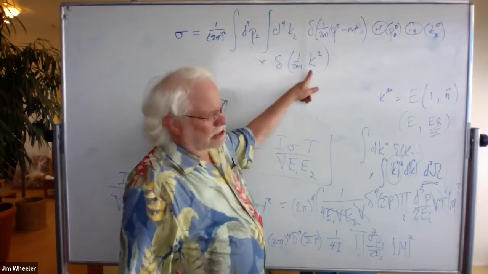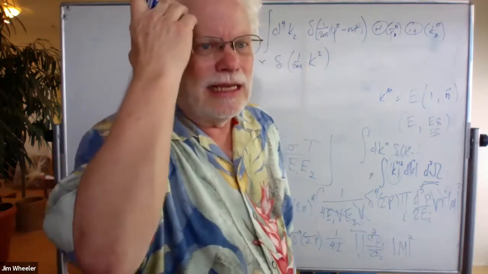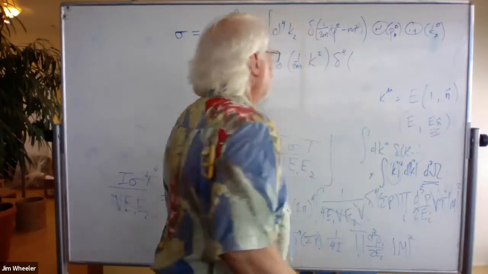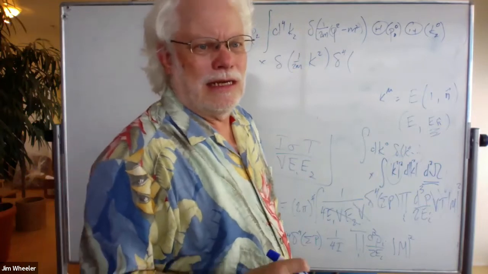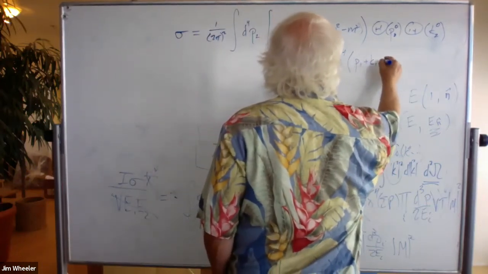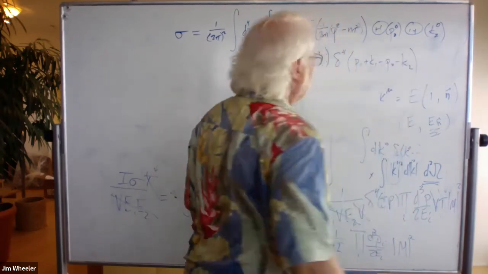So this is going to force k to be a null vector. And then the conservation of momentum for delta functions here, p1 plus k1 minus the outgoing momenta p2 minus k2.